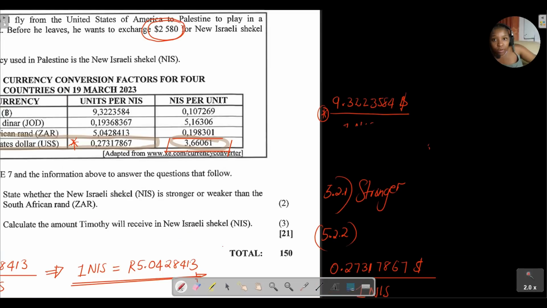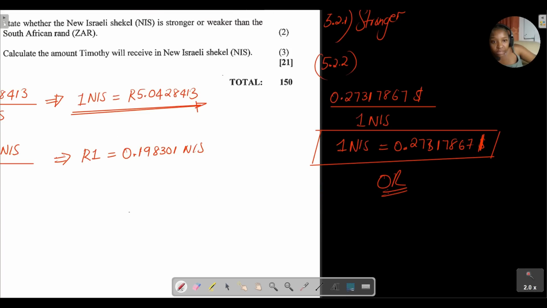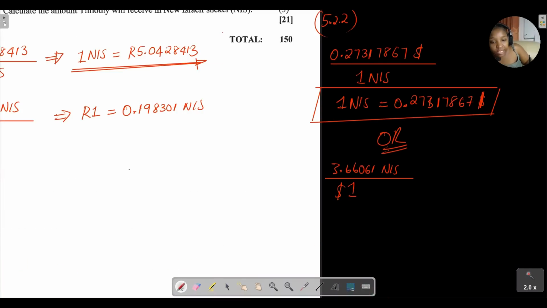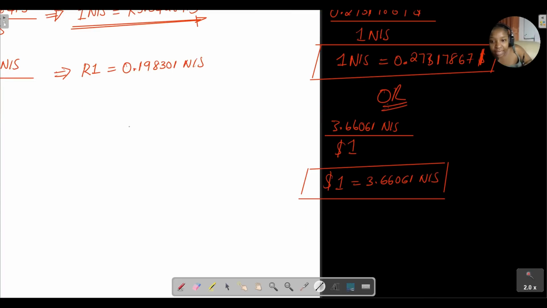Looking at this one, you can write 3.66061 NIS per $1 per unit. And then that just means that $1 is equal to 3.66061 NIS. So you can use either one of these equations. It's the same thing, right?